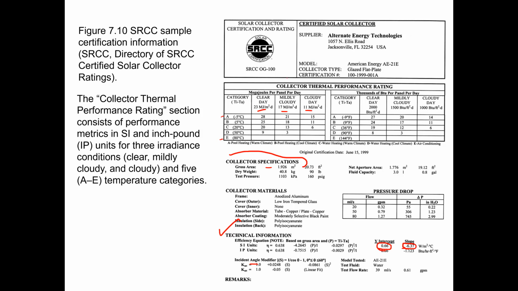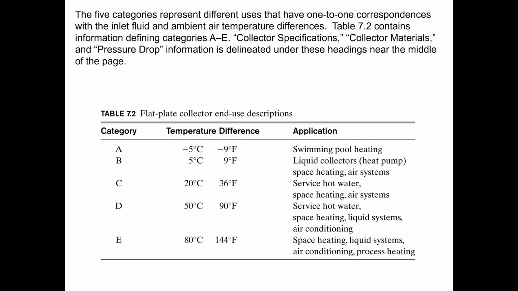As mentioned, you have these collector thermal performance ratings that are split up into 5 different categories. Let me take a second to explain what those categories mean. The 5 categories represent different uses that have one-to-one correspondences with the inlet fluid and ambient air temperatures. This table from your book, Table 7.2, contains information defining what those categories are.